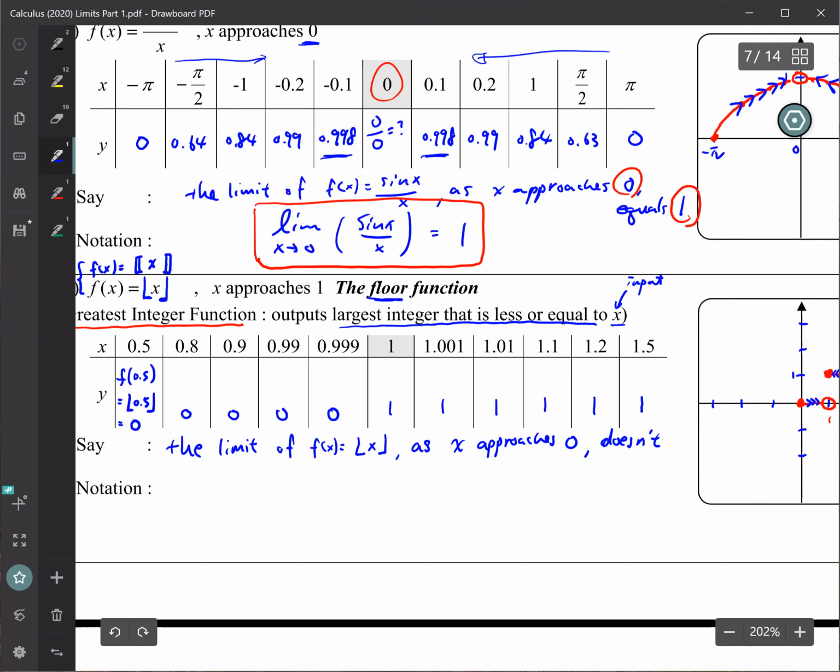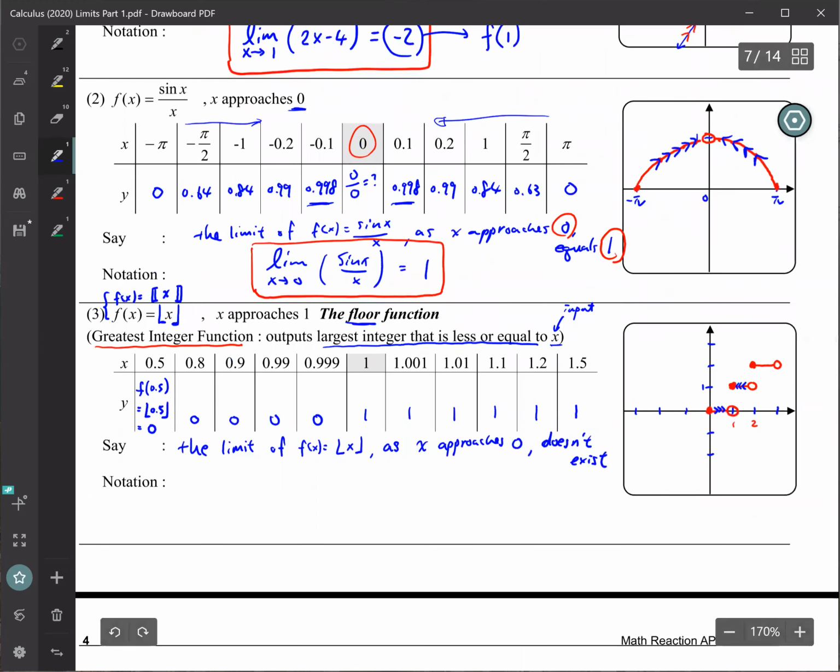Doesn't exist. Okay, because the left limit and right limit, they don't match each other, right? You don't know which limit to take, right? For one place, you can only have one limit.